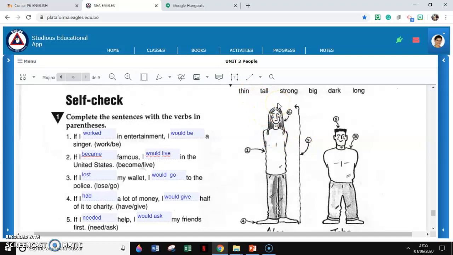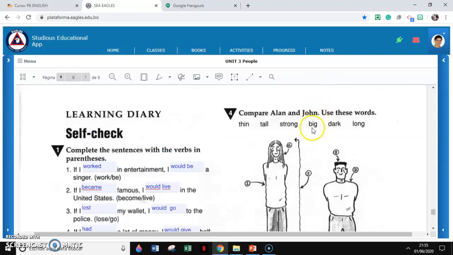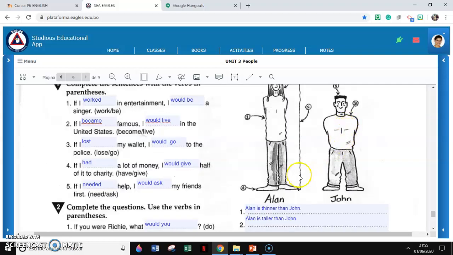Tall will be taller. Strong will be stronger. Big will be bigger. Remember that for adjectives that end in vowel and consonant and have just one syllable, we need to double the last consonant, right? B-I-G-G-E-R. Darker, longer.